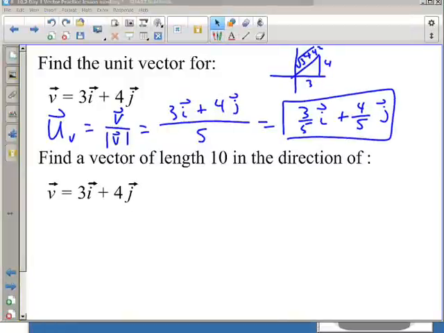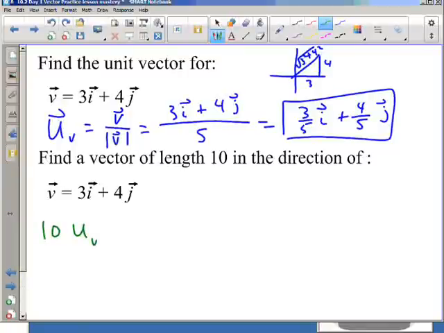And now using that unit vector, which is a vector in the direction I want to go, 3i plus 4j, but only a magnitude of 1, I can multiply by 10 to get a total length of 10. So if I take my unit vector and multiply it by 10, that's the same as 10 times 3/5 I plus 4/5 j.